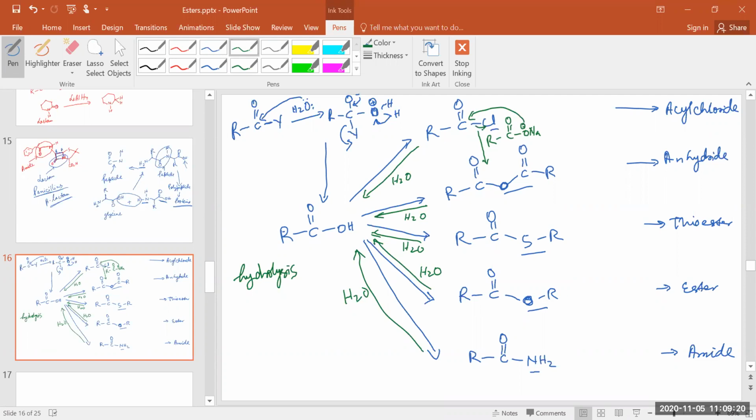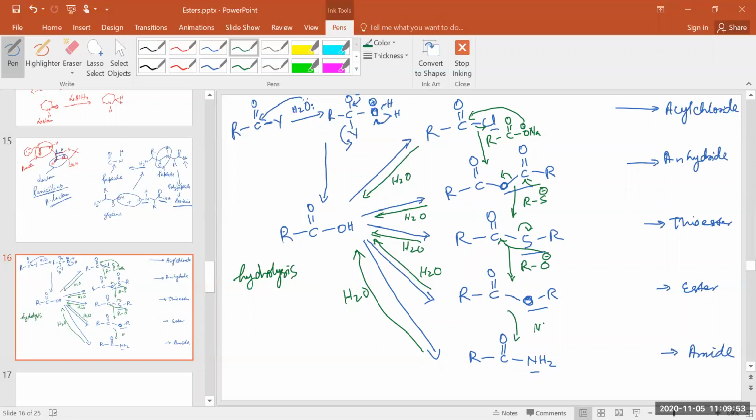Similarly, if you react the anhydride with a sulfur nucleophile, this will leave and you will get the thioester. This one, because it's more reactive, if you take an oxygen nucleophile, it can react, sulfide can leave, and you'll get the ester product, and the ester you react with ammonia.